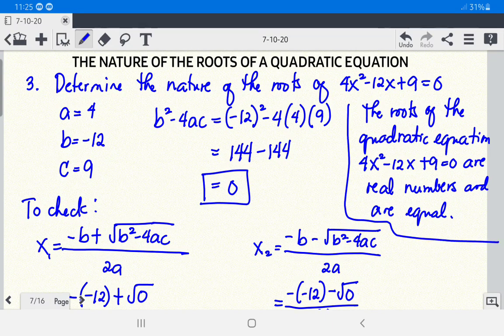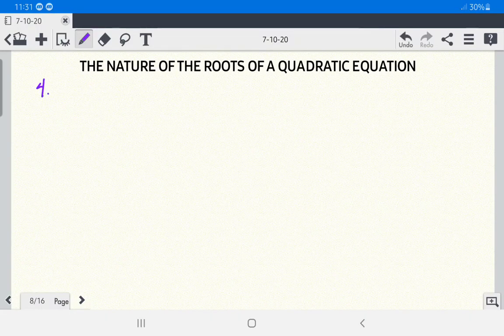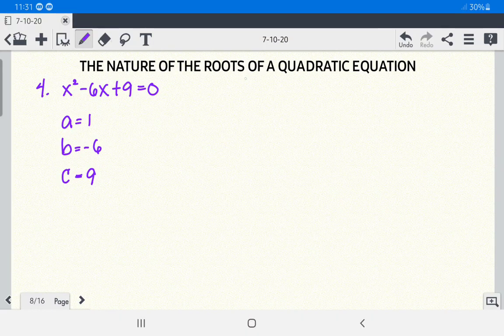Okay. Number 4. Let's say we have x squared minus 6x plus 9 equals 0. So, getting the values of a, b, and c, we have a is 1, b is negative 6, and then c is positive 9. So, using the formula, we have b squared minus 4ac.